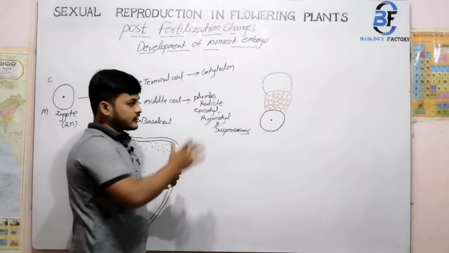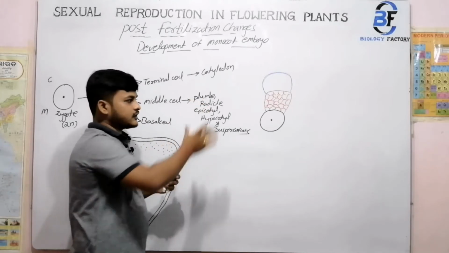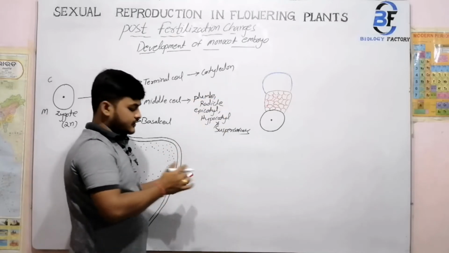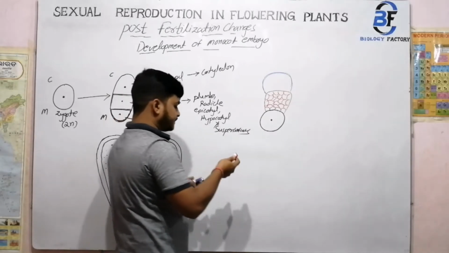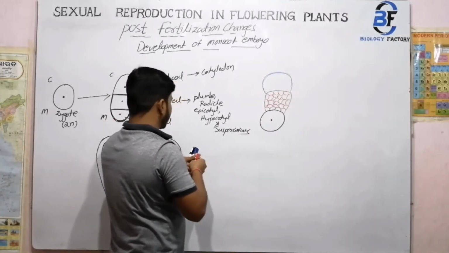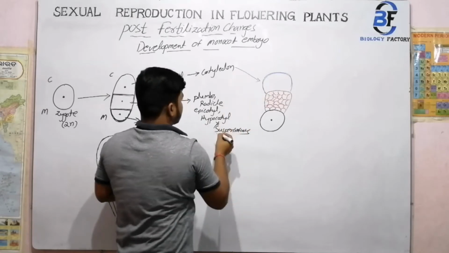I also told you that all these things do not look exactly like that; for your better understanding, we draw them this way. So here are the changes that take place. Next, we label it like that. Here is the cotyledon part.